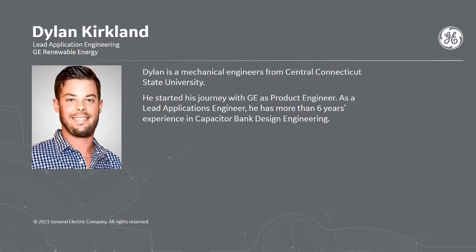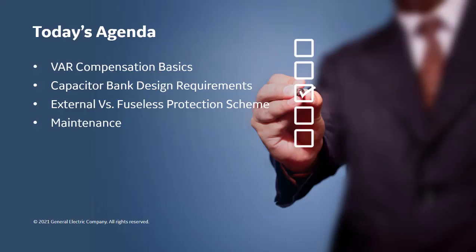So what I'd like to do today is we will go through a couple things. We're going to start with a quick overview of VAR compensation basics. It's generally something that we go through in each capacitor bank training, just to have the fundamentals identified. The next part will be the capacitor bank design requirements.